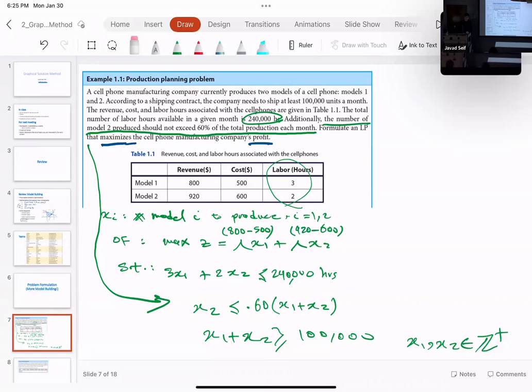Any questions? How are you writing X1, X2 as a member of Z? It's like a bold-faced Z positive. Which reminds me that my handwriting has not improved. X1.